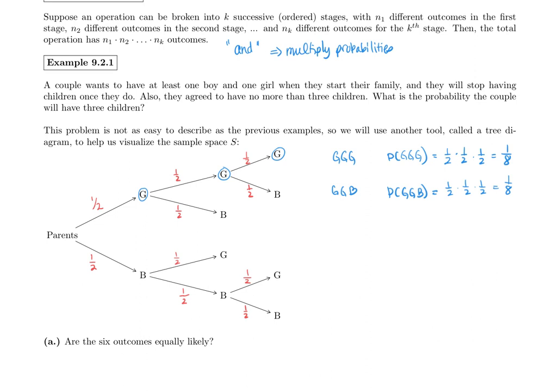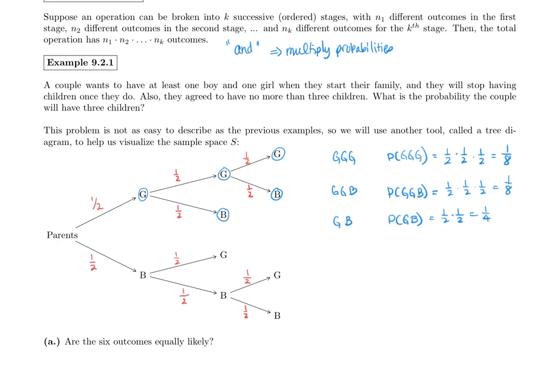Our next branch is that we go from the parents to have a girl and then a boy. And then they stop. So it's just girl and then a boy. And the probability of a girl and then a boy is just 1/2 times 1/2, or 1/4.